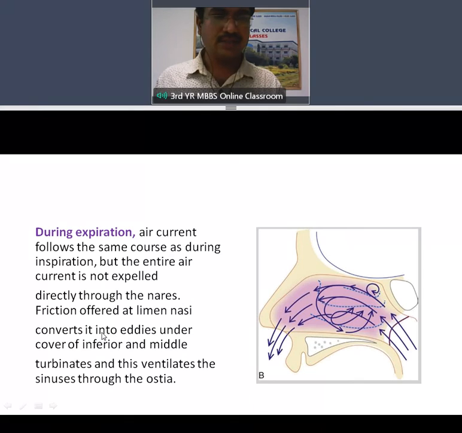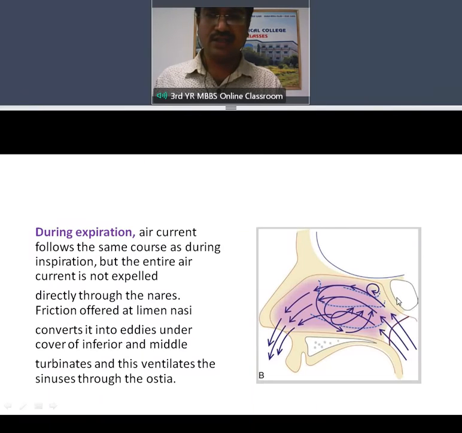It converts the air into eddy currents under the cover of the inferior and middle turbinate. So there is a reversal flow of the expiratory air by touching the limen nasi and the turbinates. These currents will ventilate the paranasal sinuses through their natural ostia.